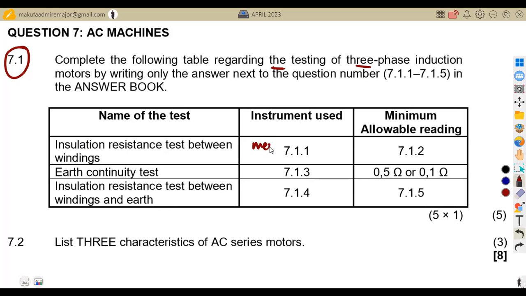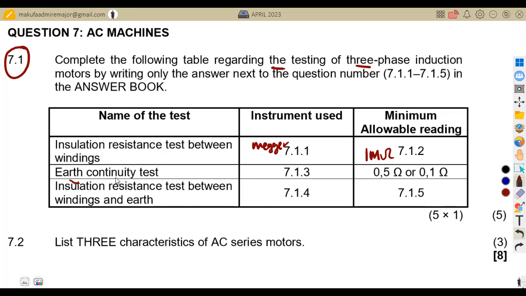In this case, we can have a mega or an insulation resistance tester. Then the minimum allowable reading for this is supposed to be 1 megaohm. So that is the minimum requirement, 1 megaohm.